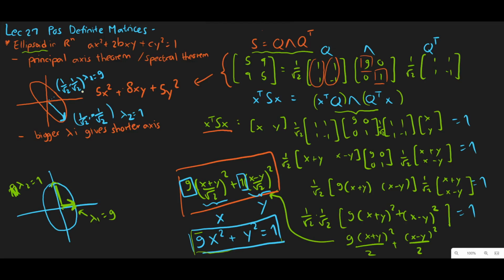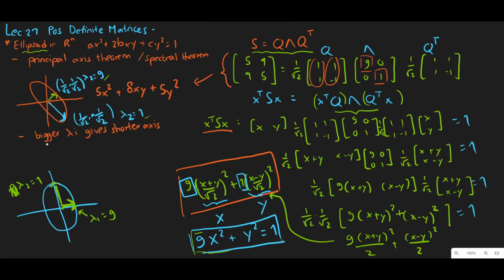Second, you can see that these two pictures are similar. They're coming from different equations, but they still preserve the same idea of having these two axes, stretched by the value of the eigenvalue, right?